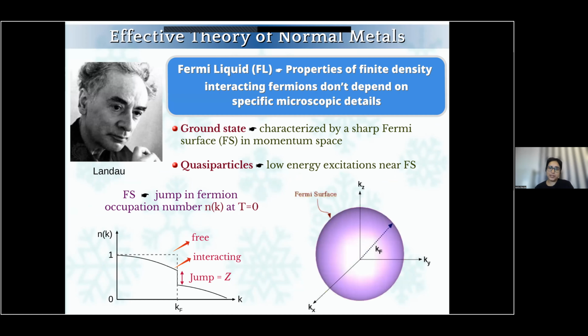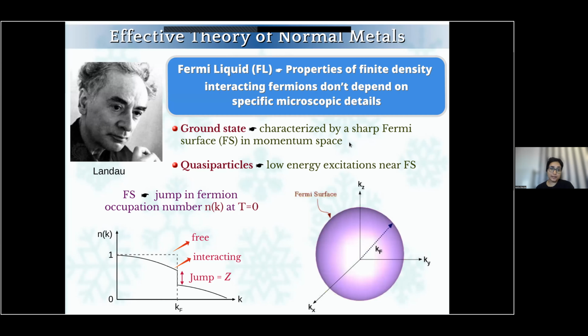So Landau observed that if we take a finite density interacting electron system, or in general a fermionic system, then its properties do not necessarily depend on the specific microscopic details that we might choose to study. So broadly, there are two properties. First, there is the ground state, which is characterized by a sharp Fermi surface in the momentum space.